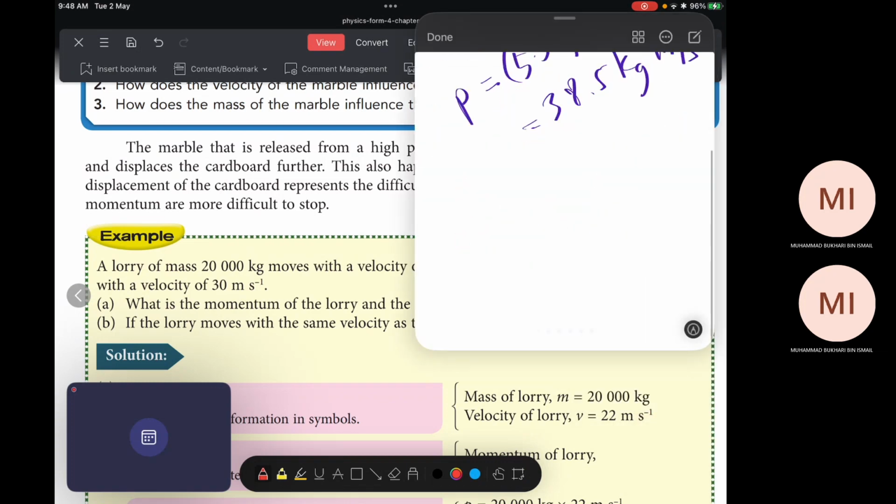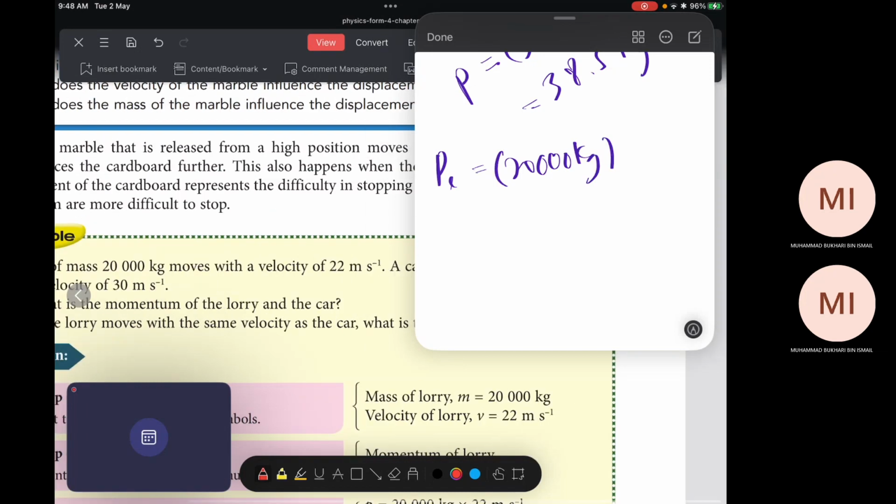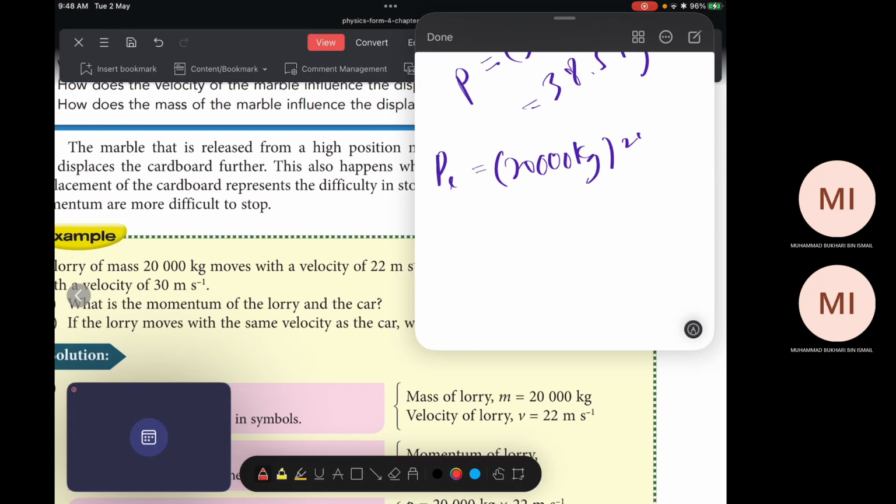Okay, cuba kita buat. Untuk lorry, P untuk lorry sama dengan apa? 2,000 kg multiplied by 22 meter per second. Cuba kira berapa?